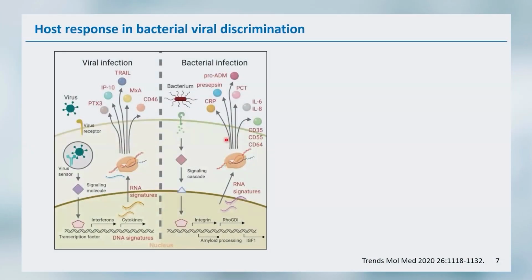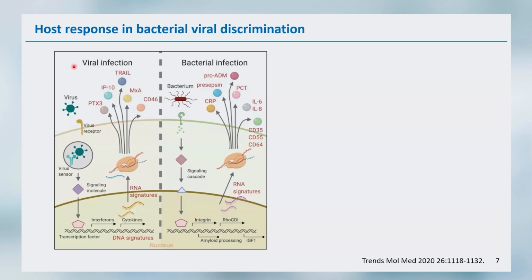This test takes advantage of the differential immune response to infection that we all make, depending on whether the pathogen is viral or bacterial. And it does not really involve detection of the pathogen itself.